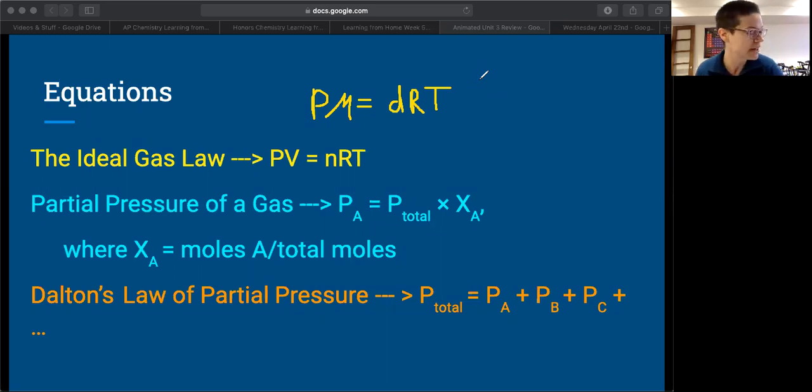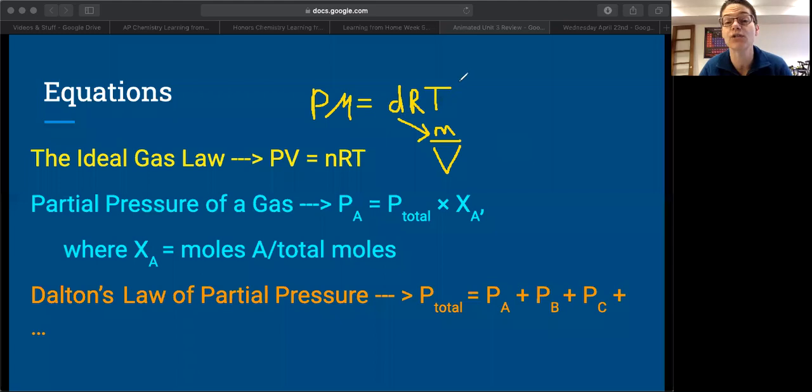And I will point out that on the formula sheet, it does have listed that density is mass, I'm using a small m there, mass over volume. So they may give you mass and volume and you have to calculate the density to plug into the formula, but that's what you need to do.